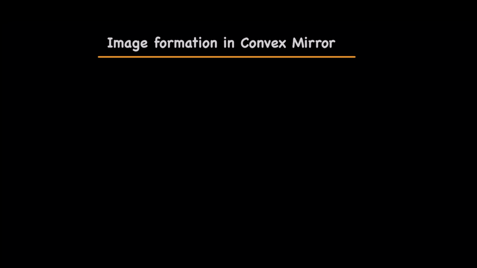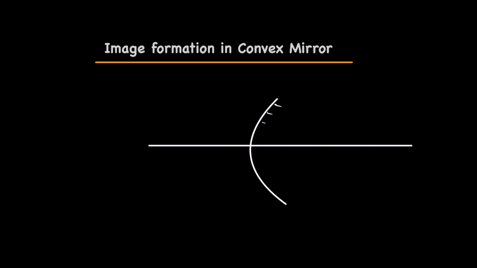So here in convex mirror, we have two positions of the object. Object can be placed only at two positions. So why is the object placed only at two positions? Because see, if we have a convex mirror, here is the focus, center of curvature and the pole.